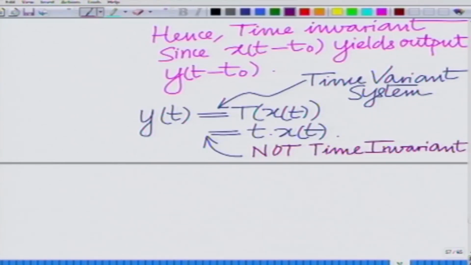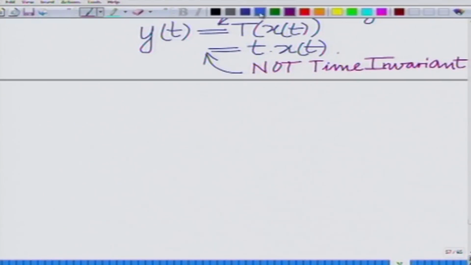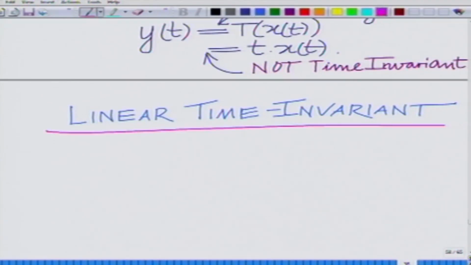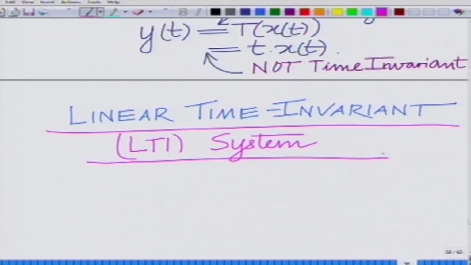And that brings us to the most important class of systems, which is that of an LTI system, or let me write this clearly, this is a linear time invariant, or LTI system, which is probably the most important class of systems, the class of systems that we most frequently encounter in practice, and which we are going to be most frequently interested in.